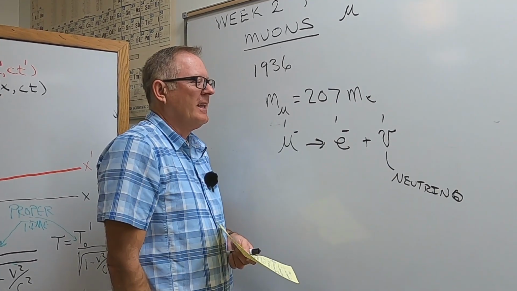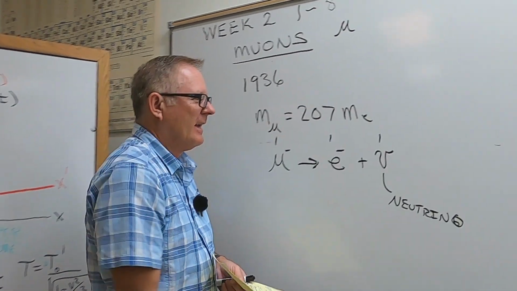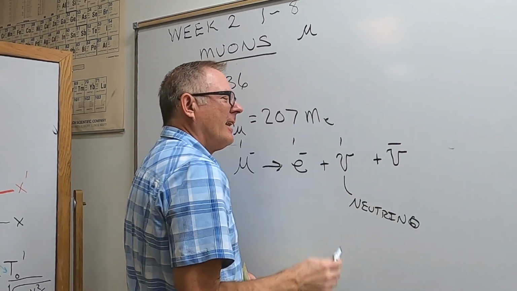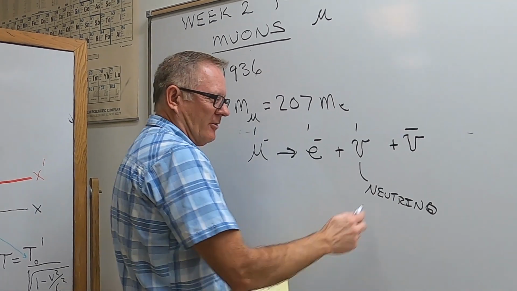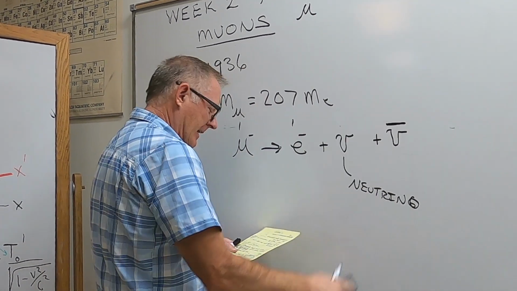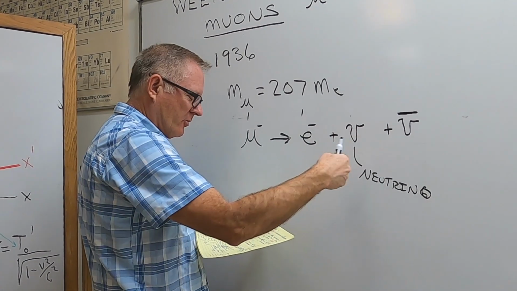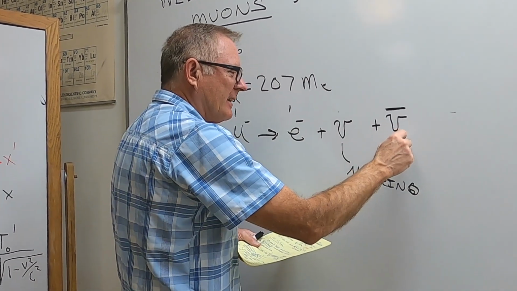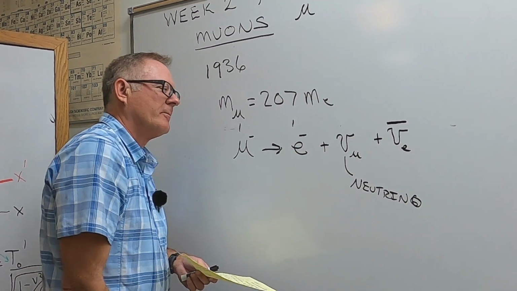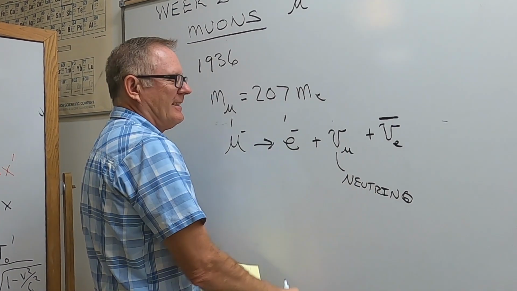So we need another particle, and what we also get is a neutrino with a little bar, that's the anti-neutrino. There are different types of neutrinos. This is the electron's, which has its own neutrino, and this is the muon's neutrino. So this is what it decays into.